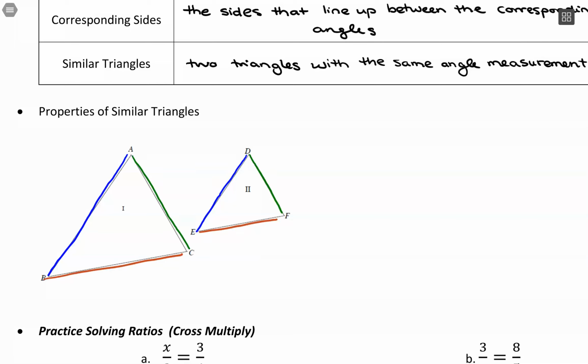So like I was saying up above, it's like how AB shrinks down to DE, whatever scale is used, the same scale is used to take BC and shrink it down to the size of EF. And the same scale is used to take CA and shrink it down to FD.